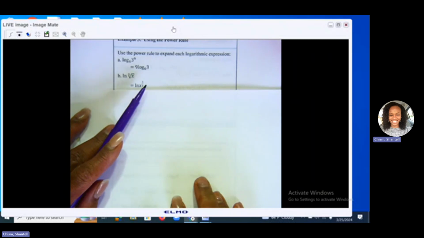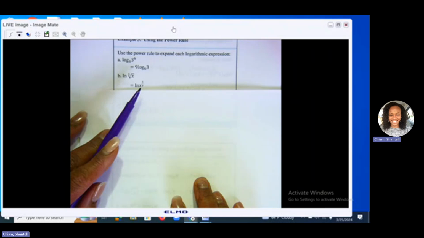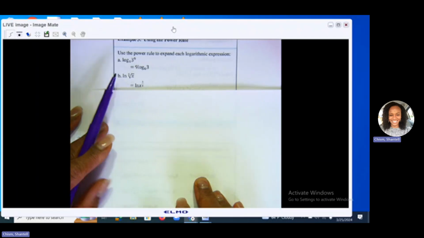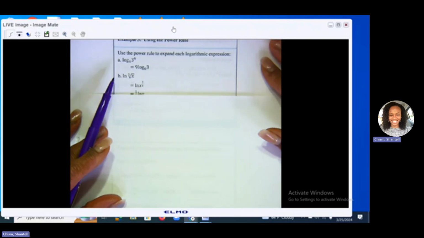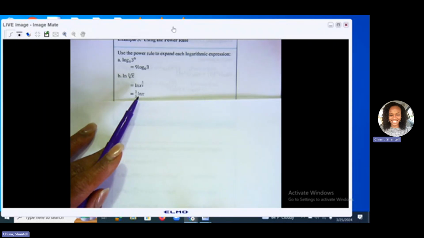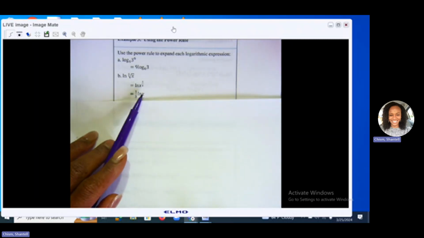A root is the same thing as a rational exponent. Okay? So this is ln of x raised to the 1/3 power. Then I apply the power rule, which allows me to bring down that 1/3 in front, express it as a product of 1/3 times ln of x. And of course, there's nothing else I can do here because that's a variable.